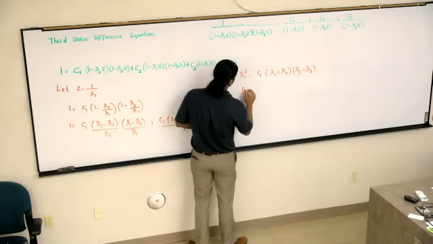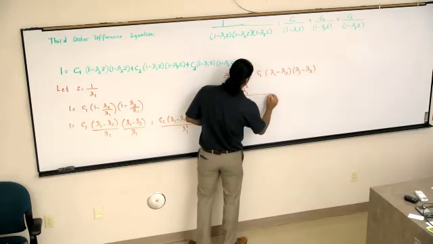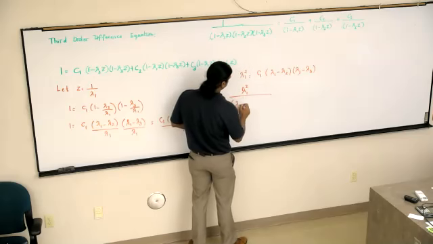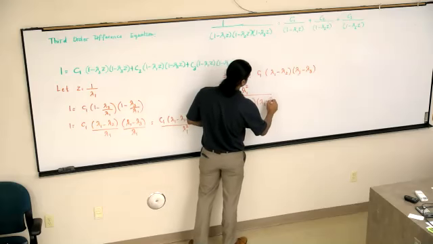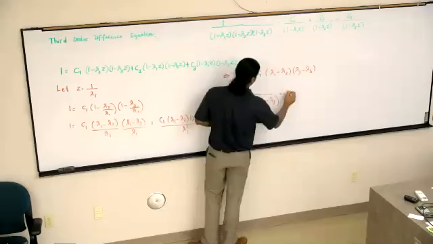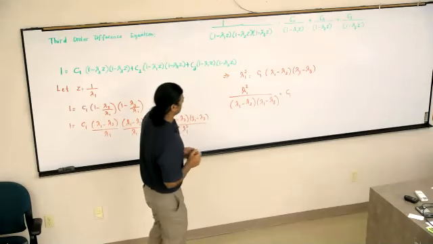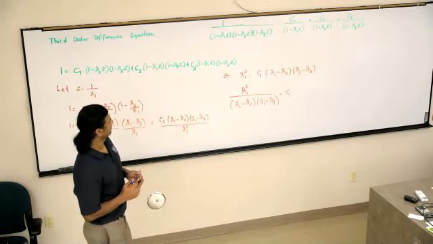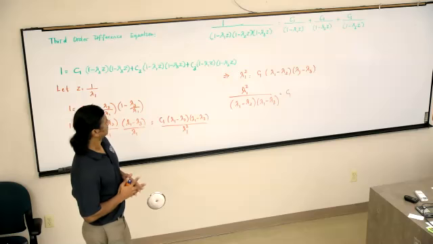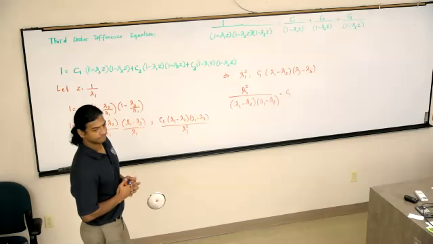We have C1 equal to lambda 1 squared divided by lambda 1 minus lambda 2, lambda 1 minus lambda 3.